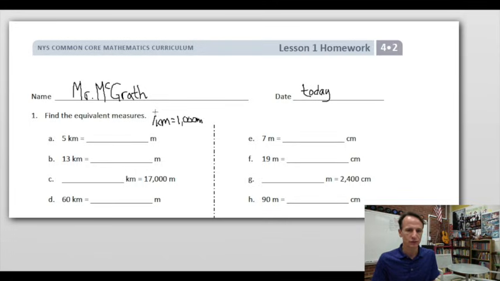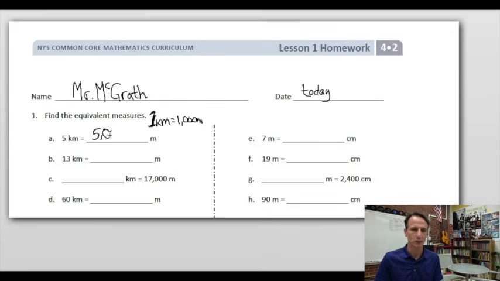So if you look at this, 1 kilometer, we said, there's our 1 kilometer. I'll make it big and heavy. 1 kilometer is 1,000 meters. Then 5 kilometers would be 5 times as much in terms of meters. So 5,000 meters. We see how that works?